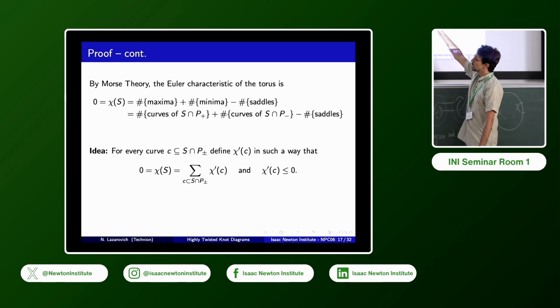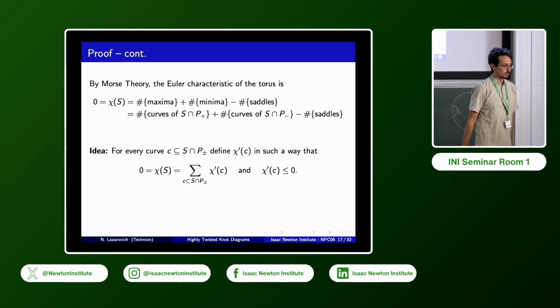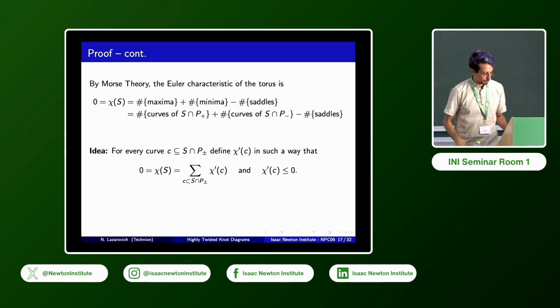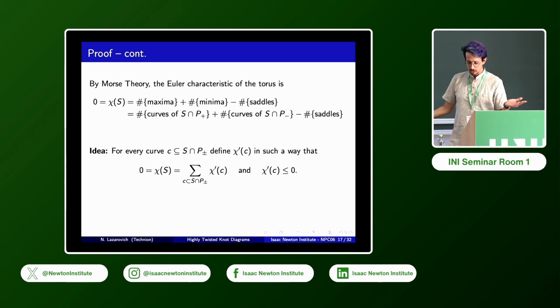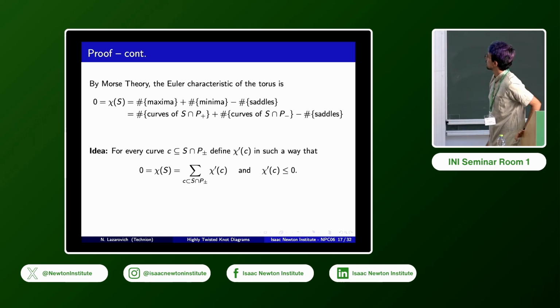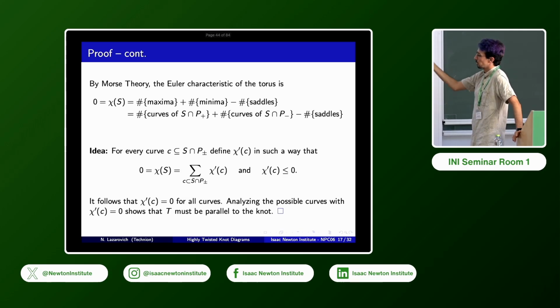Make sure that what you define is non-positive, and that the sum gives you the Euler characteristic. Putting those two things together, we get that each one of them must be 0. Then you just analyze all the cases in which you get 0.